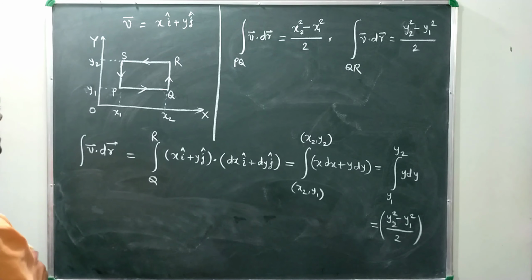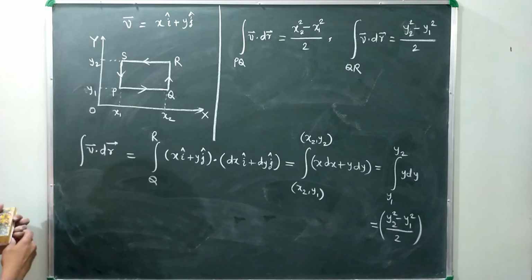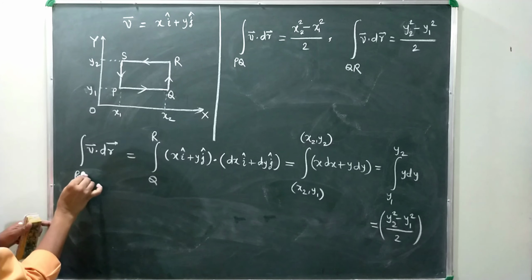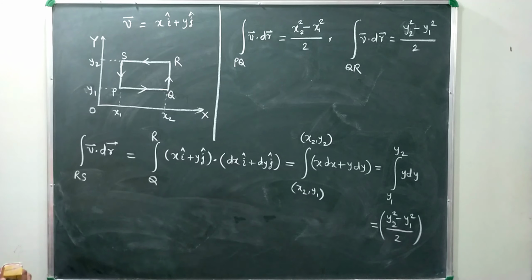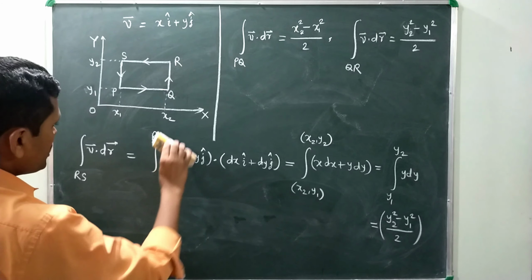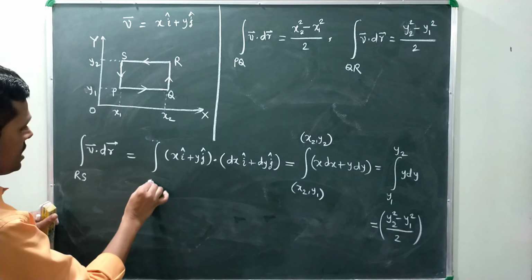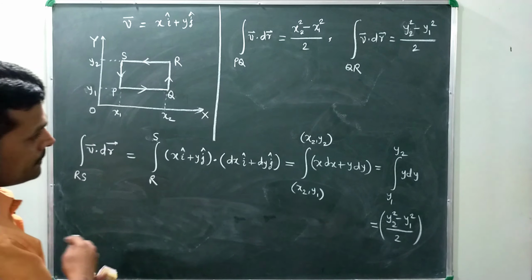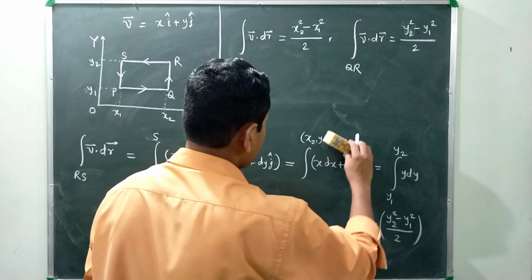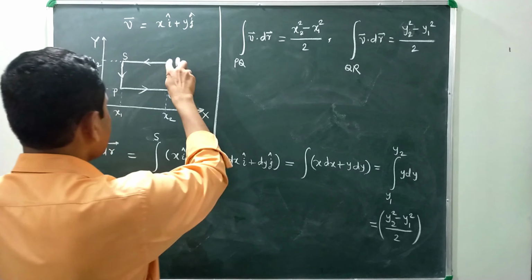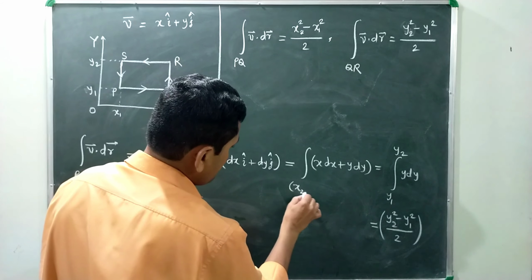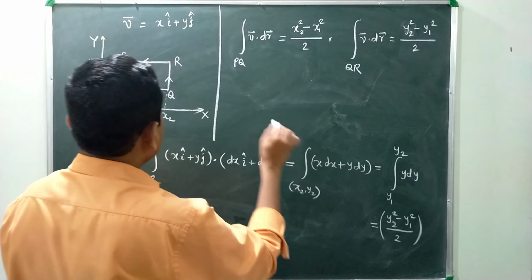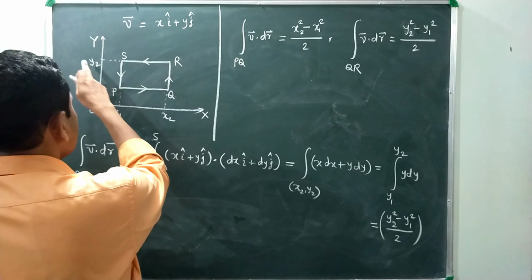Now we are considering the third integral, which is the line integral of vector V along RS. So the limit of integration will be from R to S, and here the point R is (x2, y2) and S is (x1, y2).